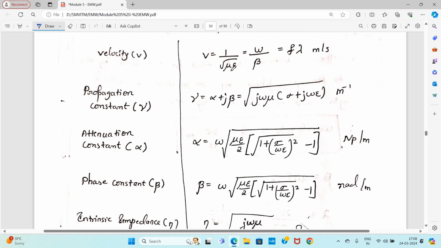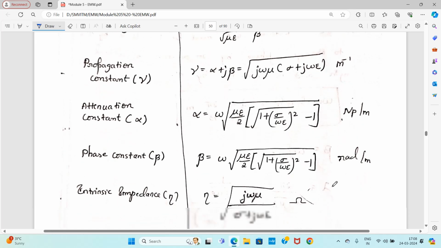Velocity, which is 1 by root mu epsilon or omega by beta, or frequency into lambda. Propagation constant gamma, which is alpha plus j beta, which is root of j omega mu into sigma plus j omega epsilon. Unit is per meter. Attenuation constant alpha, whose formula is given here, Nepers per meter. Phase constant beta, radian per meter.